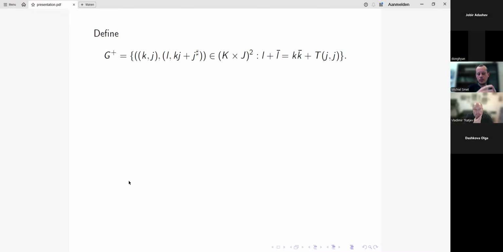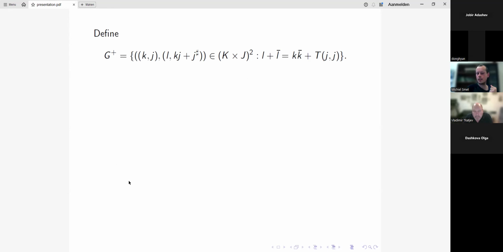I won't provide a full definition, but I will sketch how you define the automorphisms. First, you define on an abstract level the automorphism group, which is formed by pairs of elements in your algebra, and recall K times J is your structurable algebra.